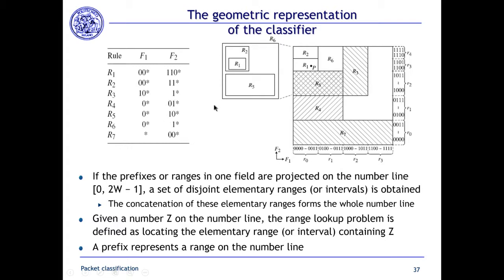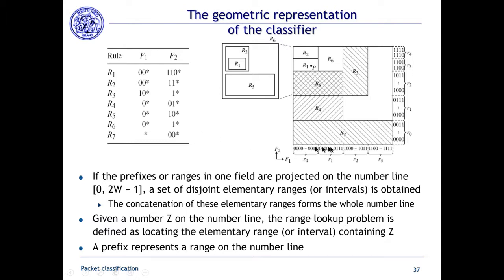So for example, first of all we have to decide what is the number of lines where we want to project the rules. In this case, we have a maximum length of these regular expressions, which is 3 bits, so we can take, for example, 4 bits.